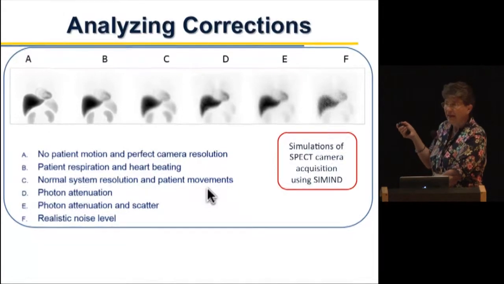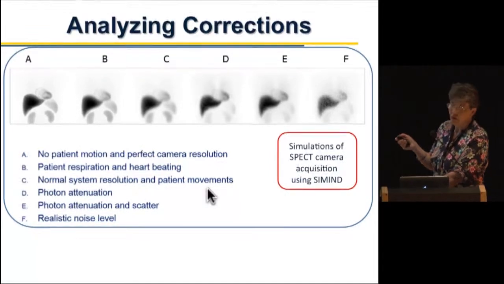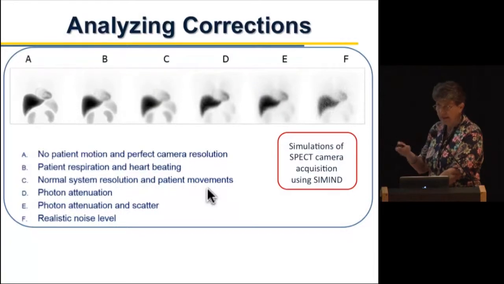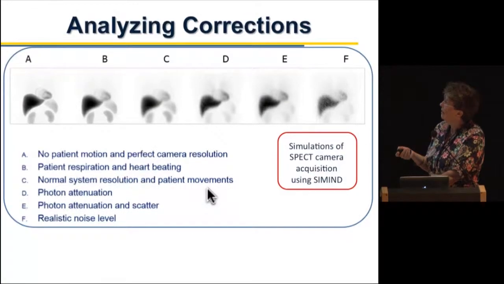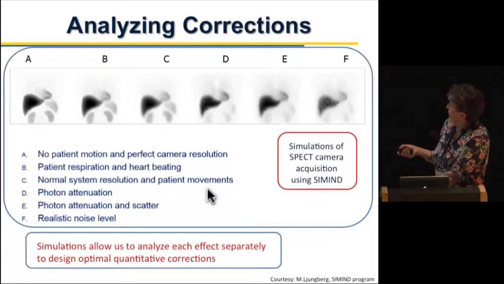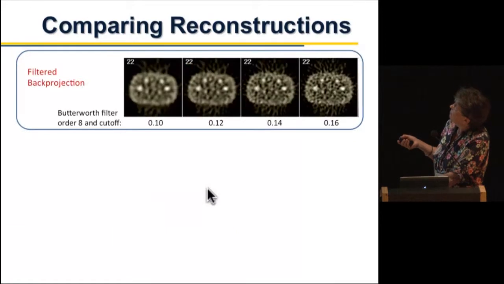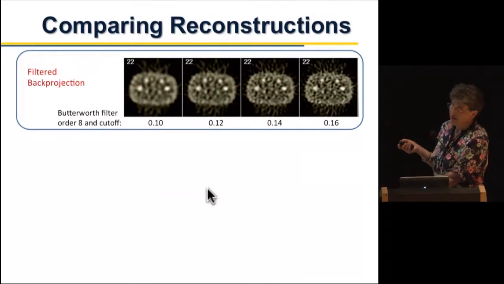So now we can investigate our corrections, how well they work in removing all these effects. And using Monte Carlo, you can, of course, isolate one or two effects. You can also investigate different reconstruction methods.